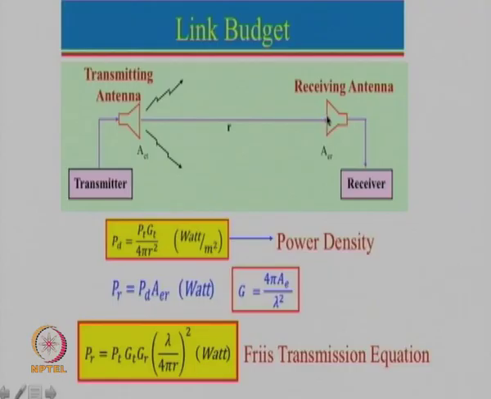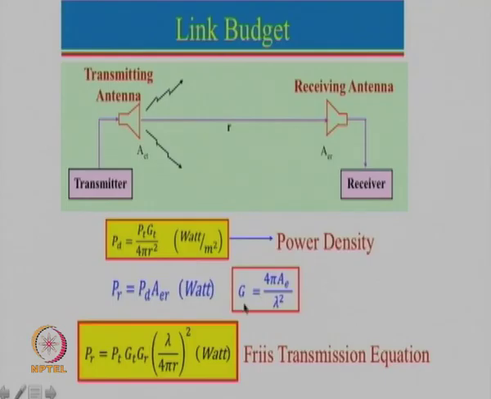Now, here is a receiver, which will receive the power. The power received by the receiver will be the power density multiplied by the effective aperture area of the receiver. That will be the total power received, which we define in terms of watts. The transmitted power could be, let us say, 1 watt or 10 watt or 100 watt or 1000 watt, depending upon the application.